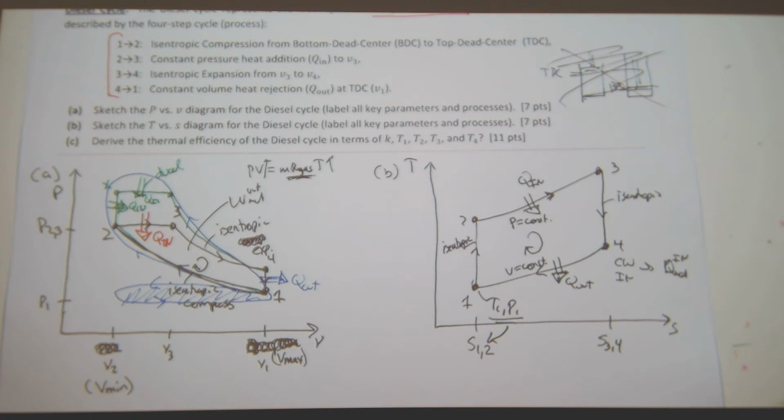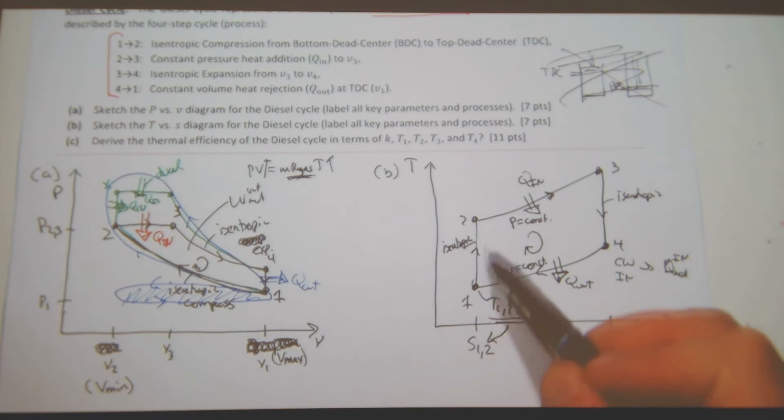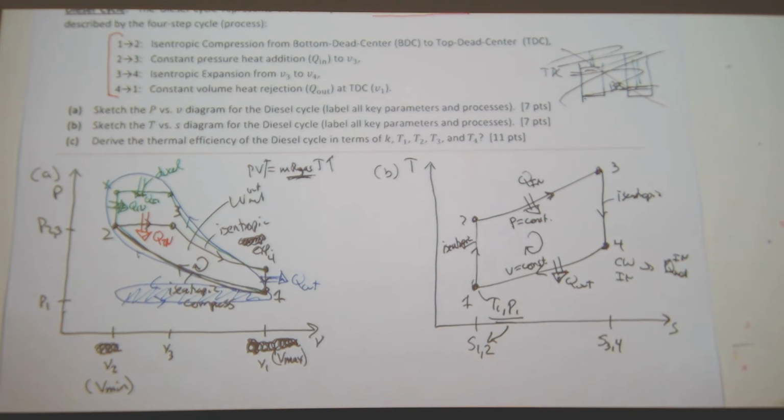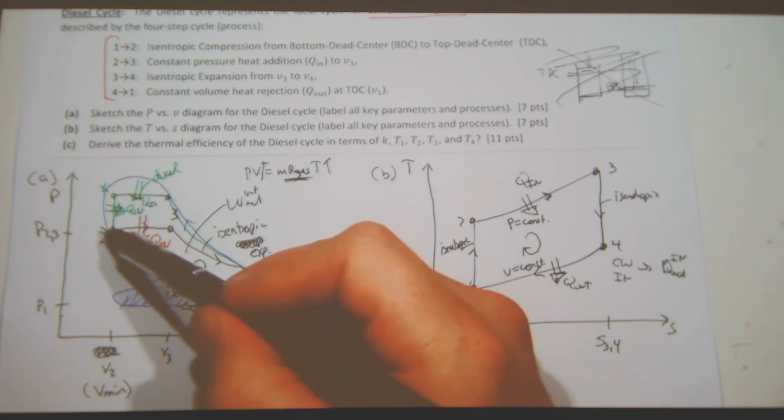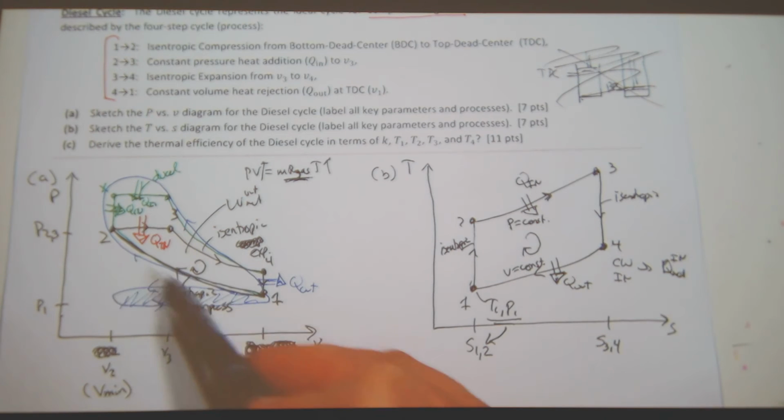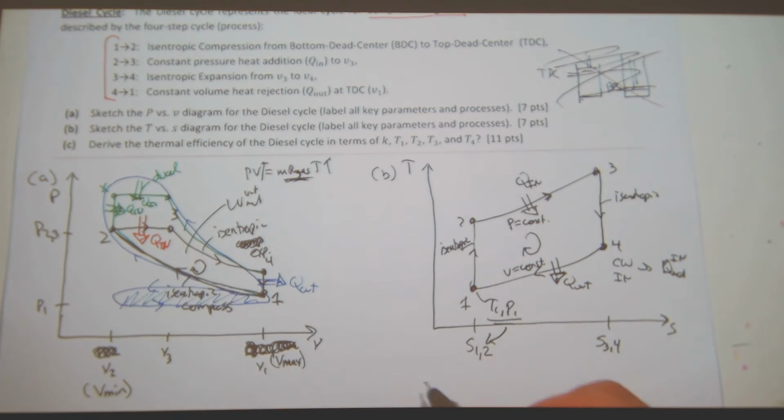So given I increase the pressure, what should happen to the temperature? I increase the pressure, I also increase the temperature. So 1 to 2 is isentropic compression. I can just write PV equals m R_gas T. So I increase the pressure, yet I decrease the volume.